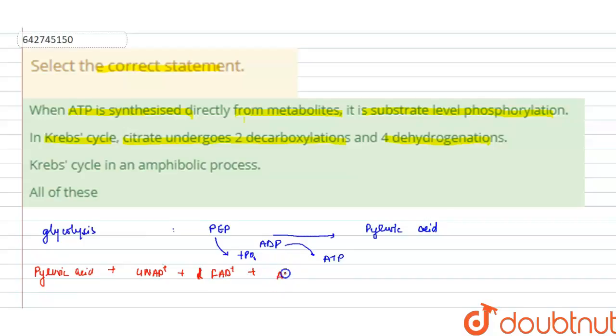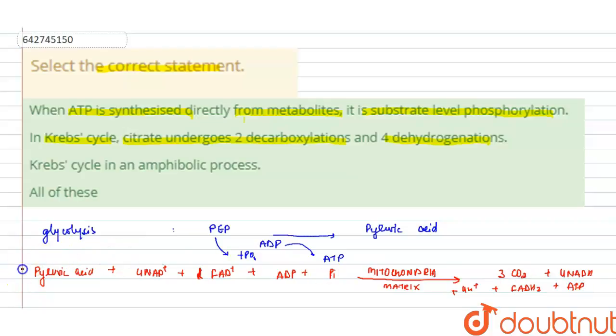Alright, it combines with the ADP molecule plus the inorganic phosphate, and this takes place in the mitochondrial matrix, and we get 3 carbon dioxide molecules plus 4 NADH molecules plus 4 hydrogen ions plus FADH2 molecules plus ATP.